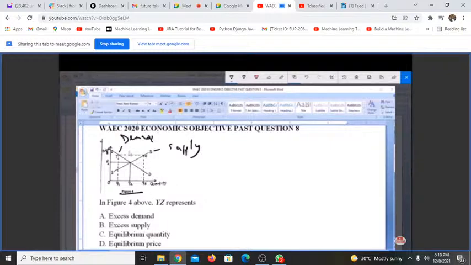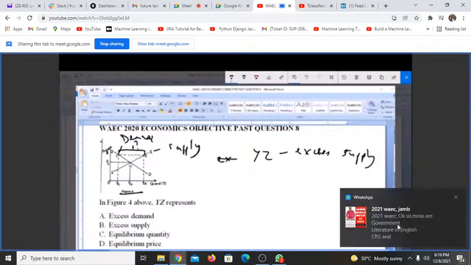And we are asked what this portion, this YZ, represents. Now, the YZ portion represents excess supply. This portion on the graph represents excess supply.